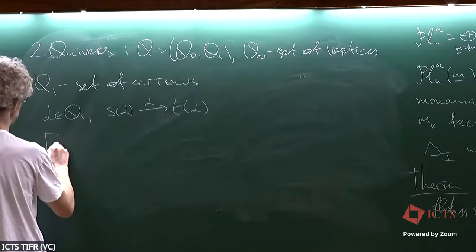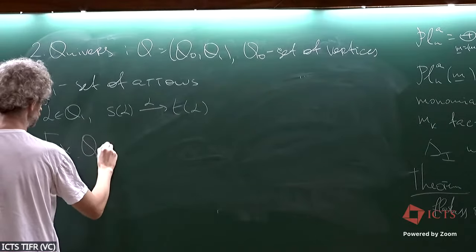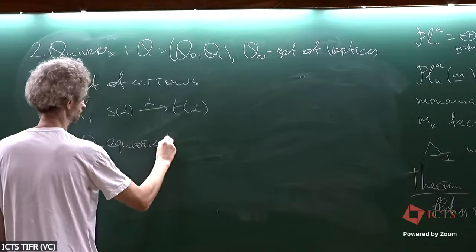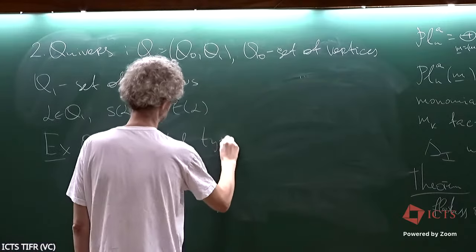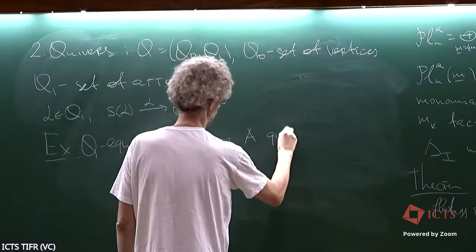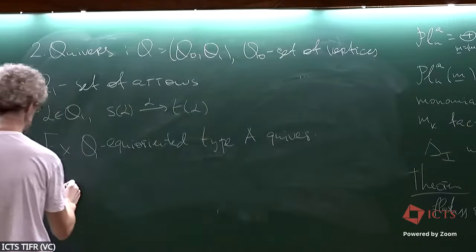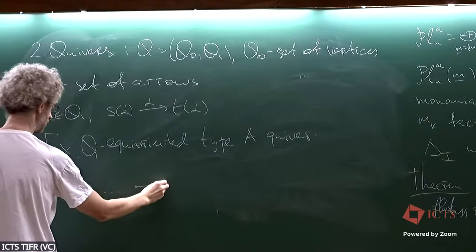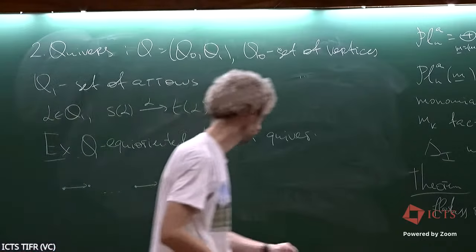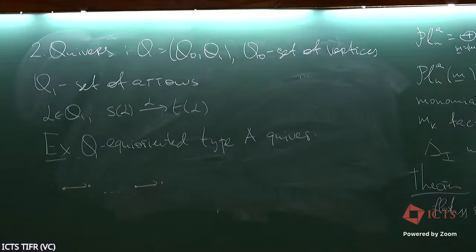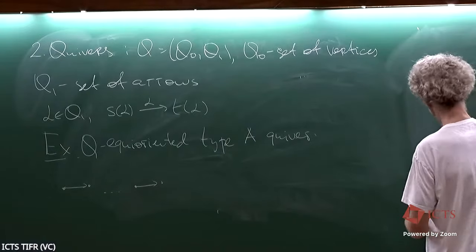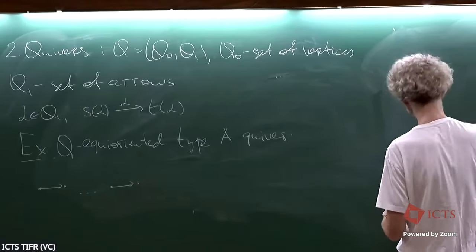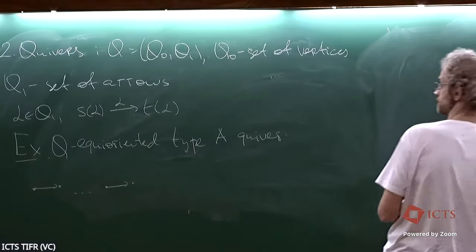The main example for us is going to be the equioriented type A quiver, which is just of the form where there are several vertices and arrows pointing from one to another in one direction. To each quiver, one attaches a path algebra, which is an associative algebra.